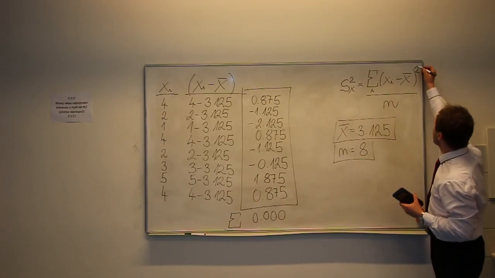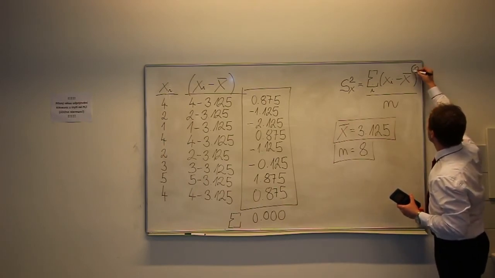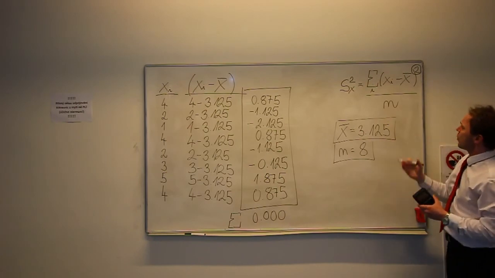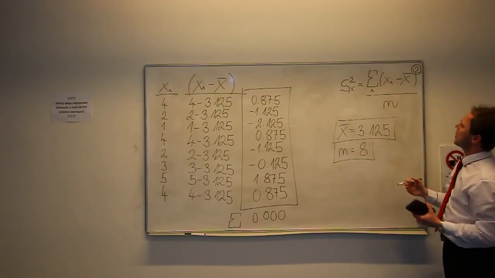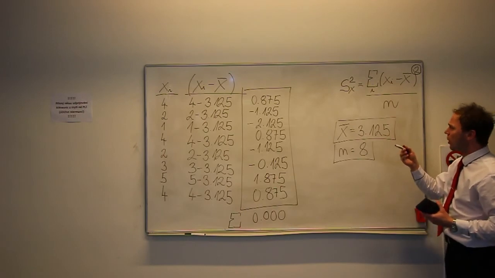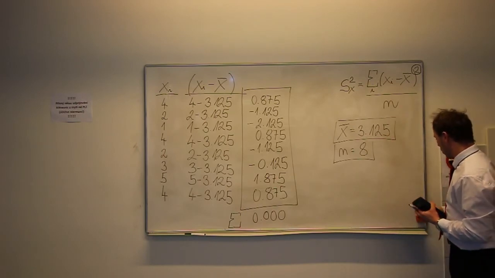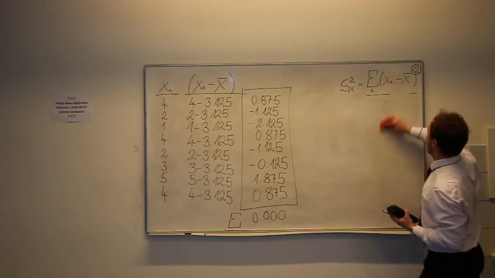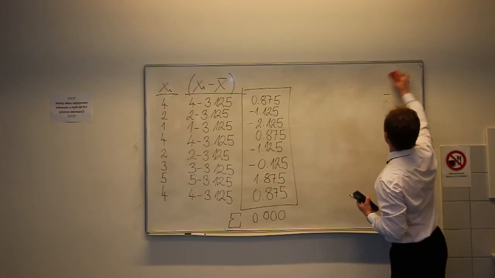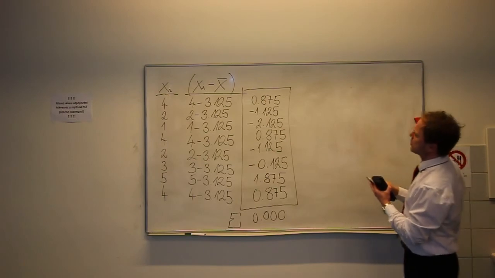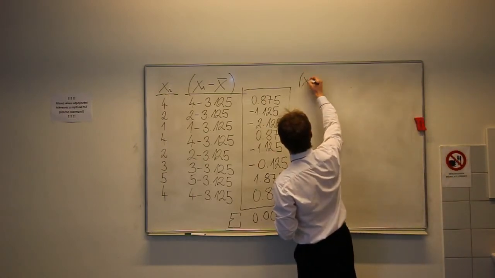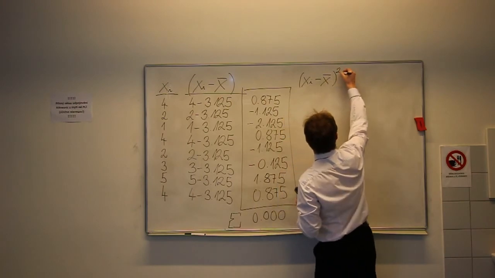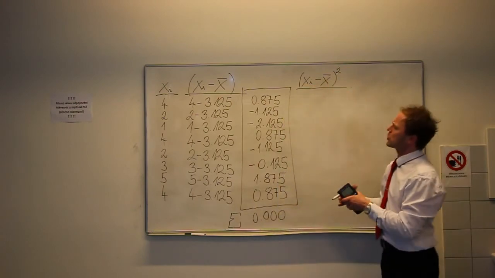So if we did not use squares, we would have 0 in the numerator and we would not be able to calculate anything. So it is necessary to calculate squares of these differences, so the second power will be here, xi minus x with stripe squared. Yes, and I will use squares.